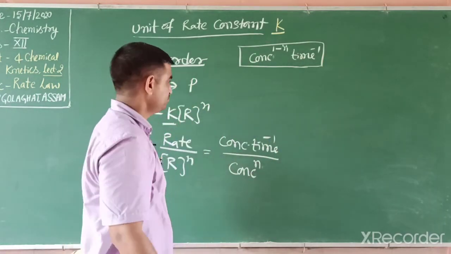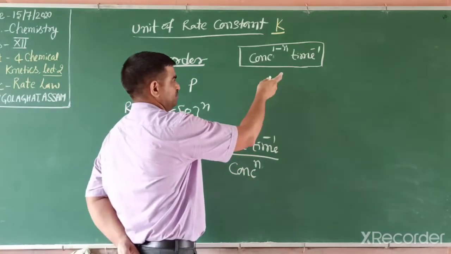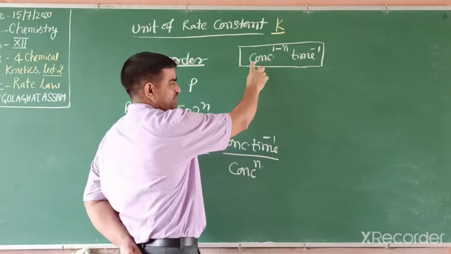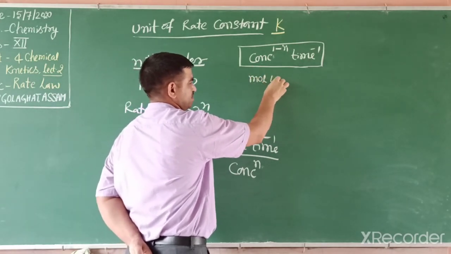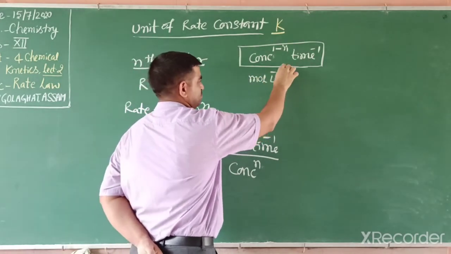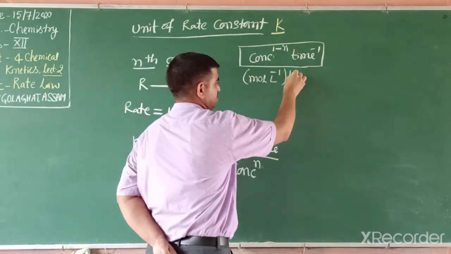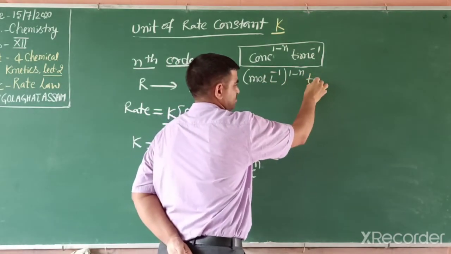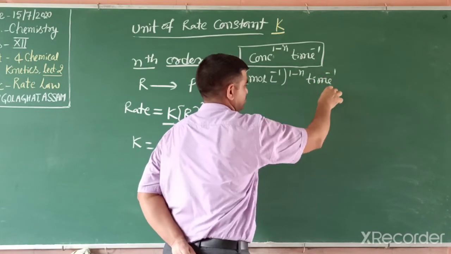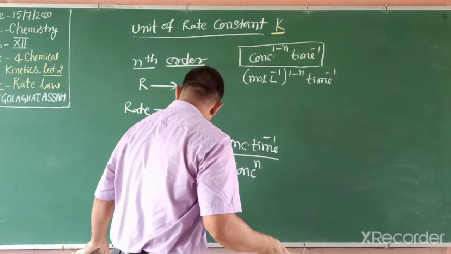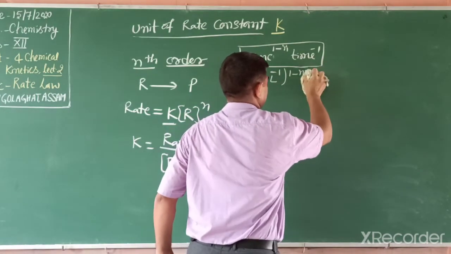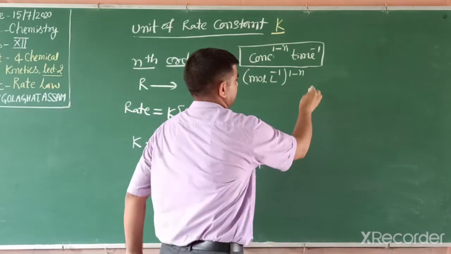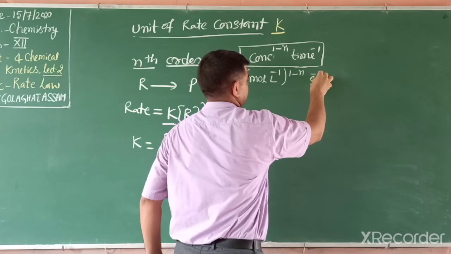Now we can solve further. What is concentration? Concentration is mole per liter. So you can solve, power 1 minus n, time inverse. If you write time inverse in second, then here you can write second inverse.